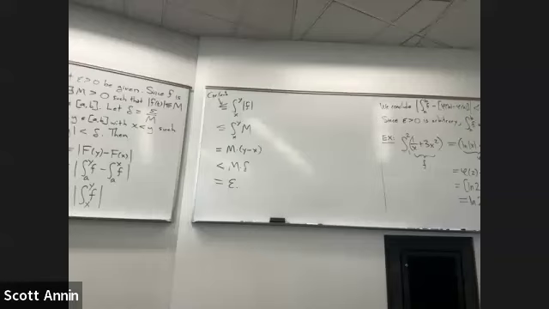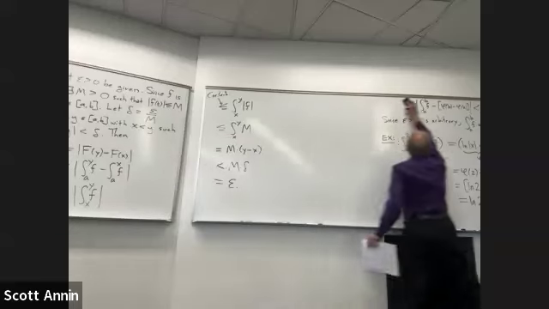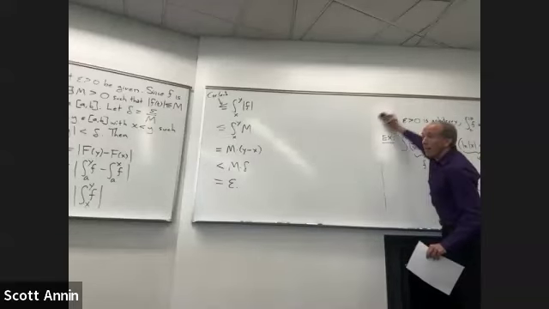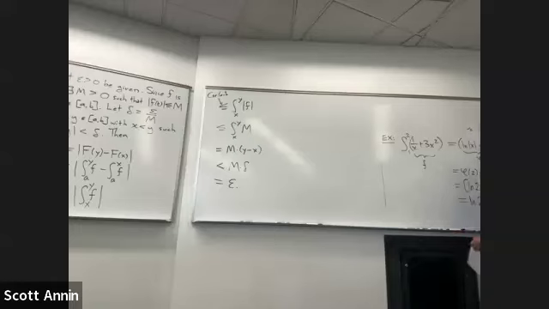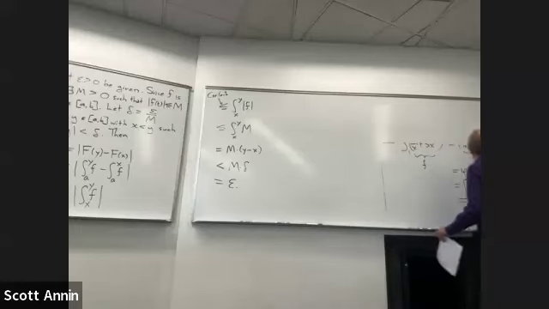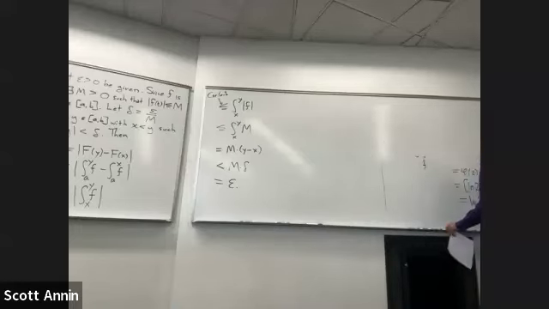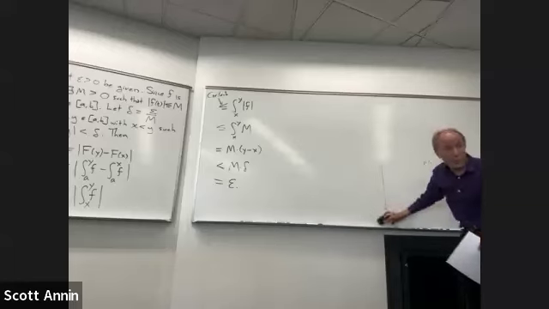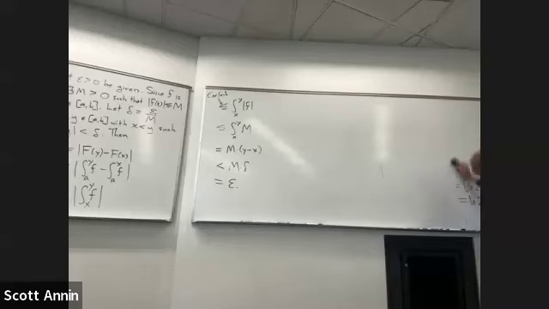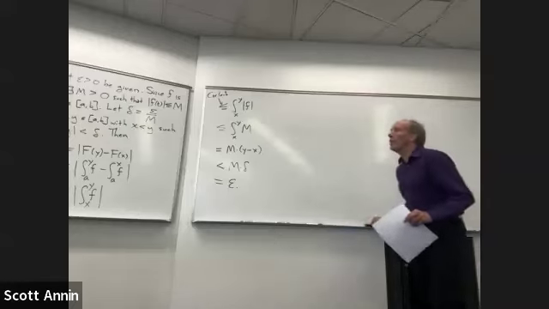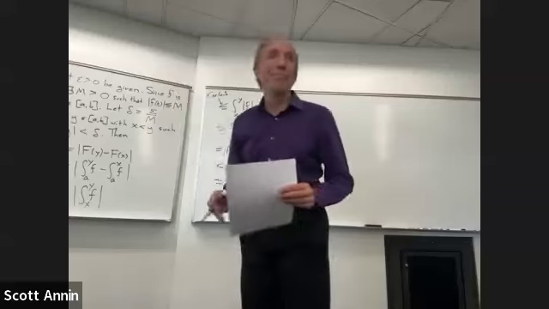Okay, I've got the second part of the proof still to do, so let me erase and give myself enough room to finish it over here. I have to prove that if little f is continuous at c, then capital F isn't just continuous, it's actually differentiable at c. And we even know what its derivative is.